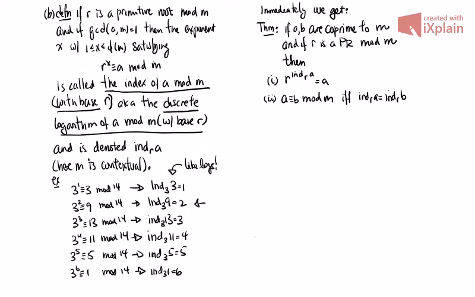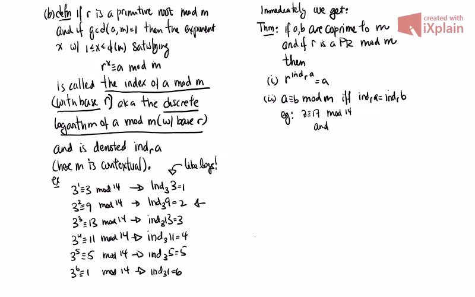Now I want to make a little note here, and you can see this back in the previous example. Let's look back at the previous one. Say 3 is congruent to 17 mod 14.